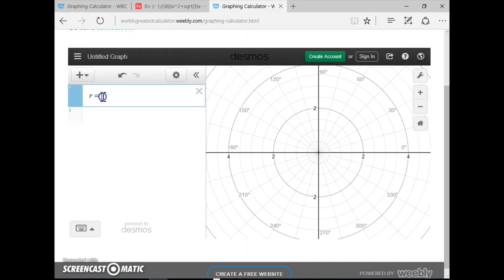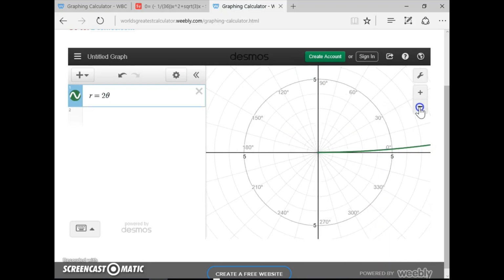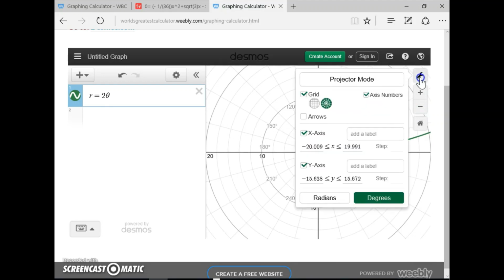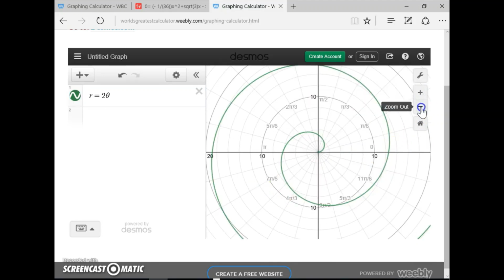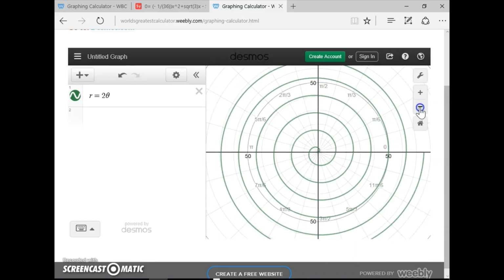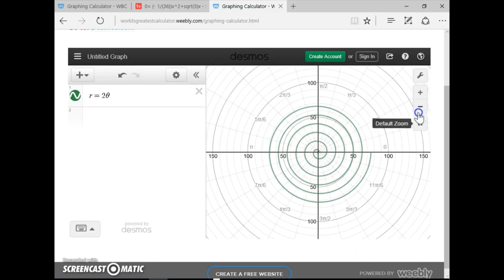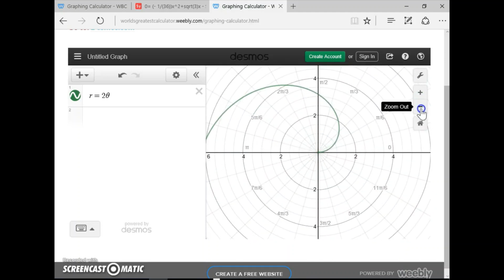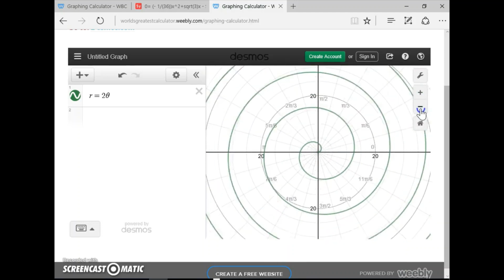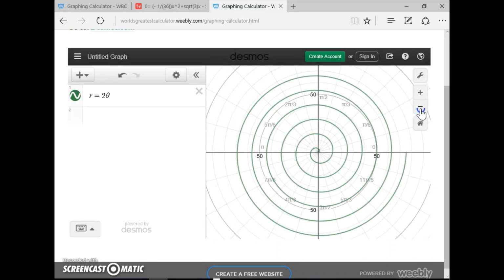It was r equals 2 theta in radians. Okay, so notice, you really need to zoom out to be able to see what actually happens here.